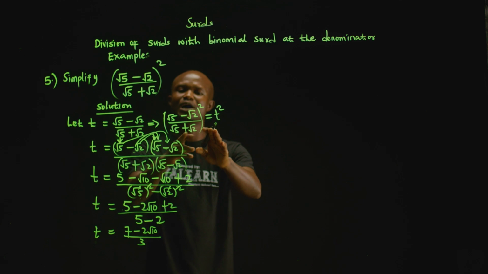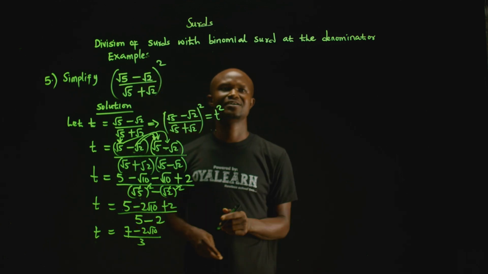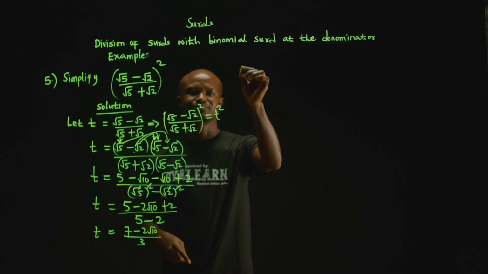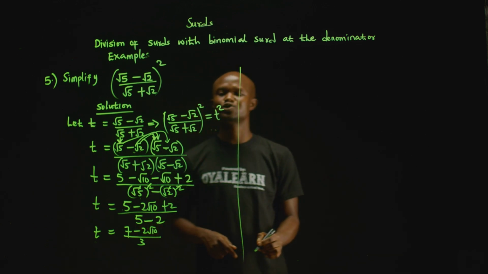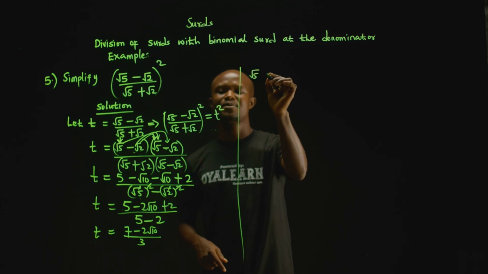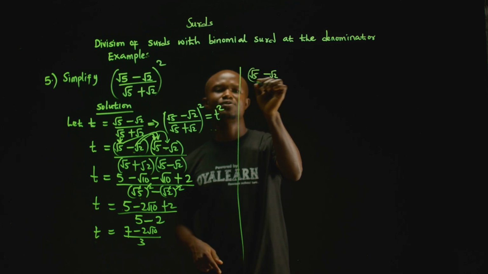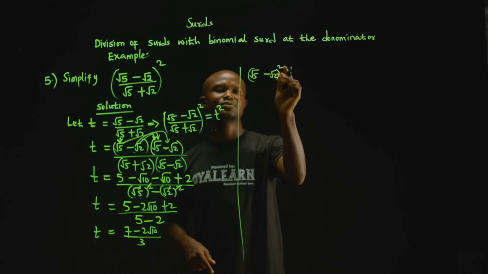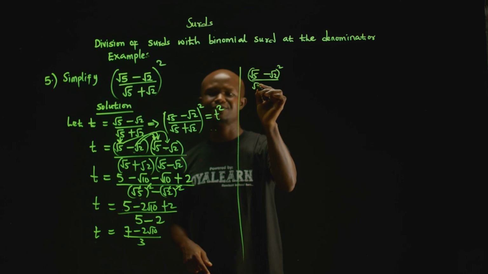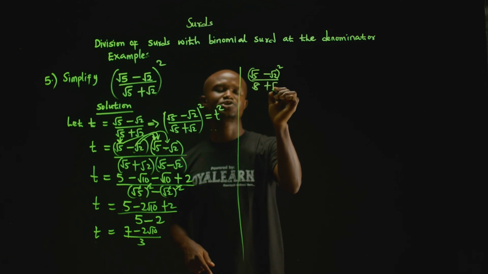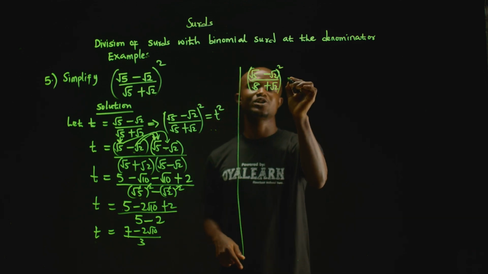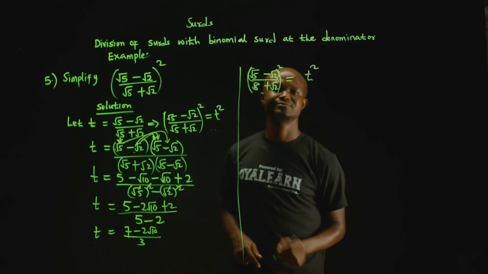The main question now is t squared. So let's solve for t squared. We have ((√5 − √2)/(√5 + √2))², which equals t squared.